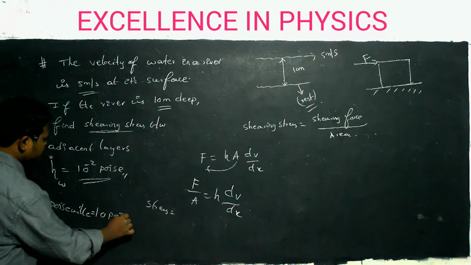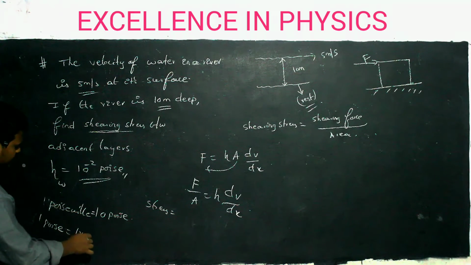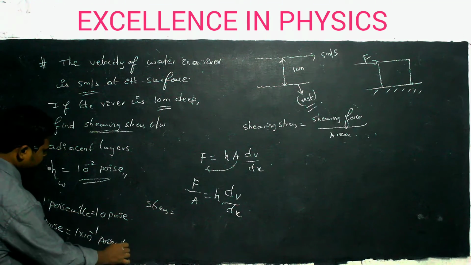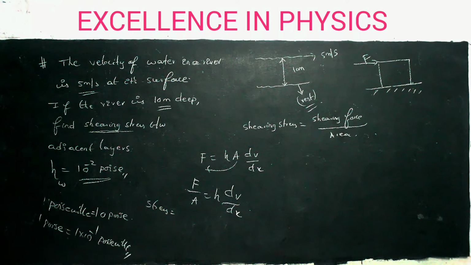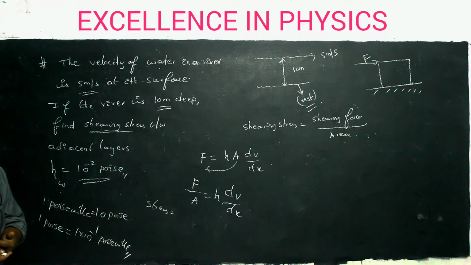This is what we studied yesterday, no? So therefore 1 poise will be 1 into 10 power minus 1 poiseuille. That's all, no? This means if I multiply this poise by 10 power minus 1, it converts into SI unit. Are you able to understand?